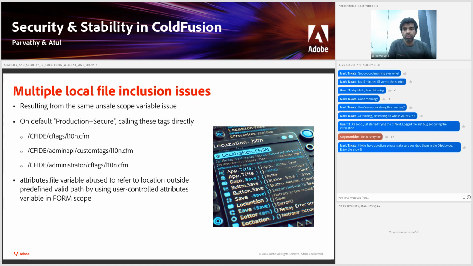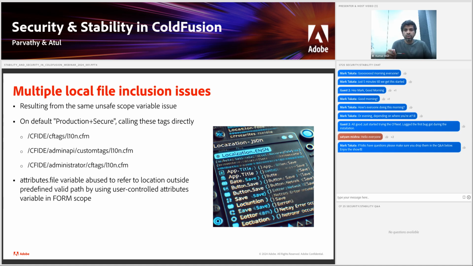As part of this vulnerability, we see another issue, that is multiple local file inclusion issues. This again results from the same unsafe scope variable issue. Whenever we install ColdFusion in production plus secure mode, these language tags are directly available: CF tag localization CFM, custom tags localization CFM, and inside CF tags there is also one localization CFM.